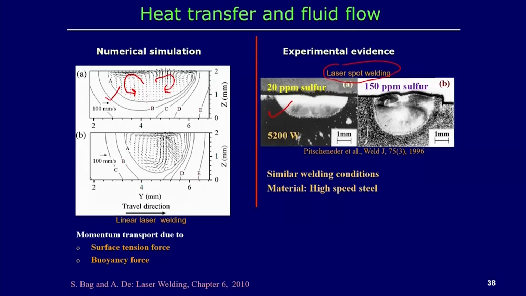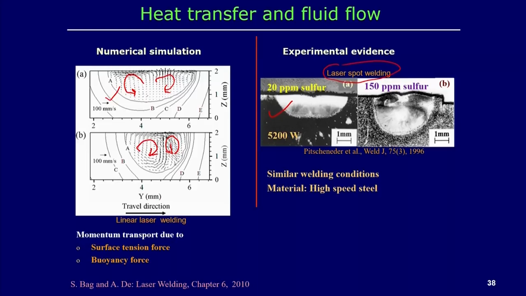In the other case, when there is a presence of the surface active elements, the material flow pattern is in this direction and in this direction. So, in these two cases, although the welding conditions are similar, there is a significant difference in the weld pool shape and size because of the presence of the surface active elements within the material itself.